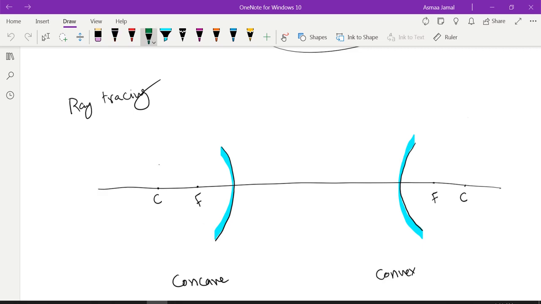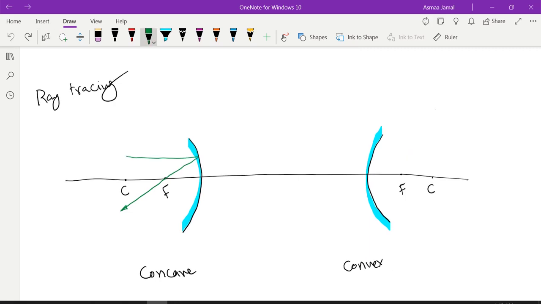Any ray coming parallel to the optical axis will pass through the focus after reflection in a concave mirror. In convex, the parallel ray, after reflection, seems like it's coming from the focus.